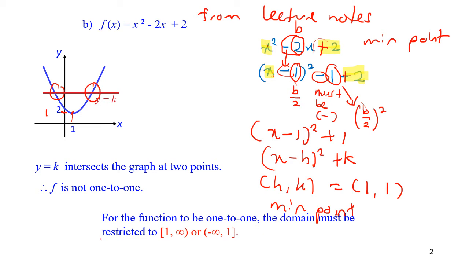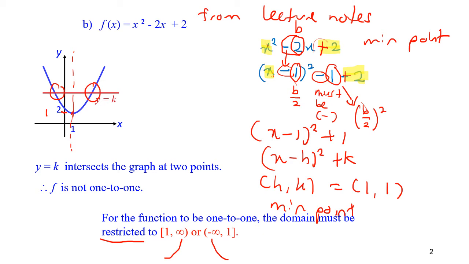Restricting the domain means the quadratic here we have to split into two halves. The first half is the positive side, that is 1 to infinity, and the second half of the domain would be the negative side, that is negative infinity until 1.